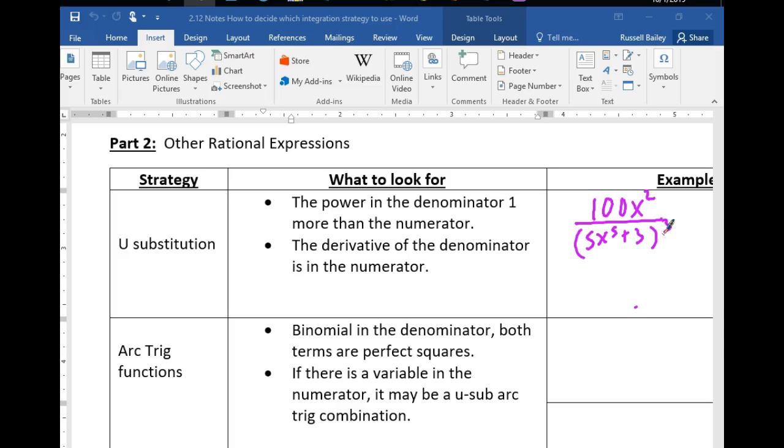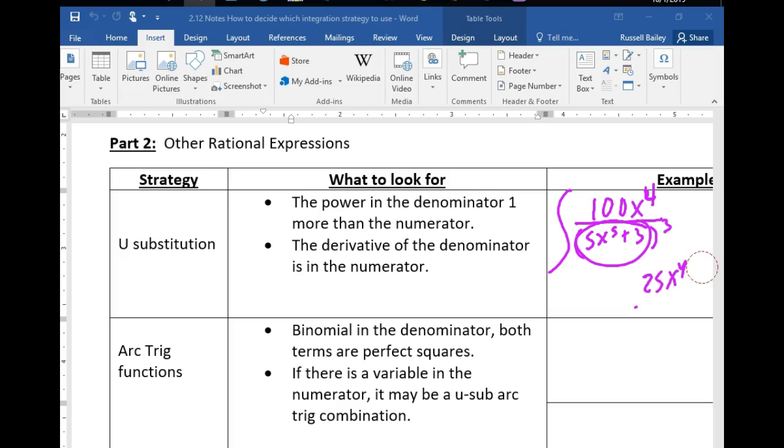Did I write it right? Oh, 4th? Okay, so once again, we have the power in the bottom being 1 more than the power in the top, but this time, what's the derivative of the bottom? 25x to the 4th. Will that get rid of all the x's on the top? Yes, that's your u sub problem.